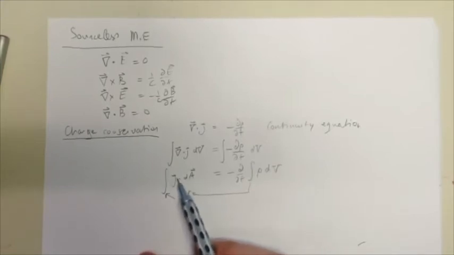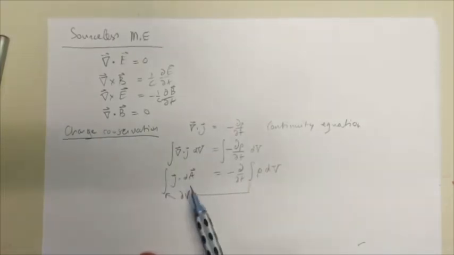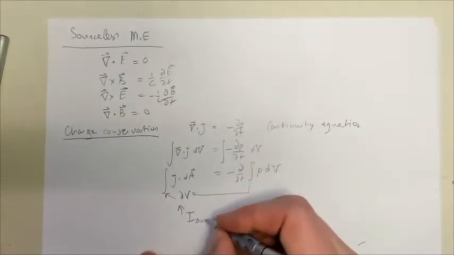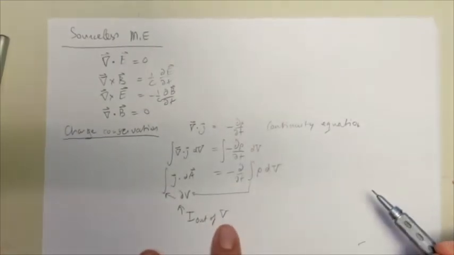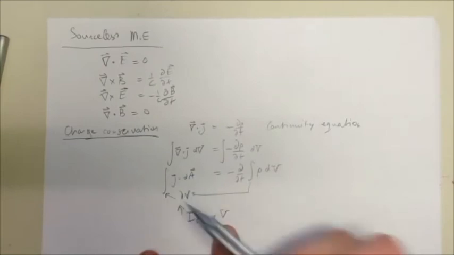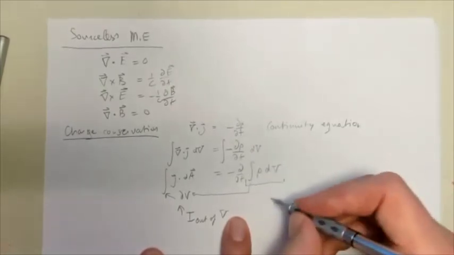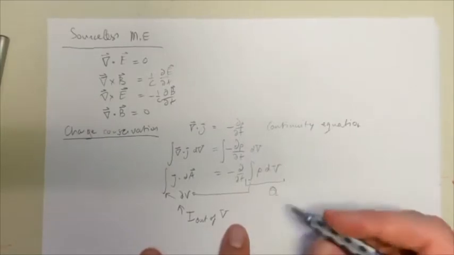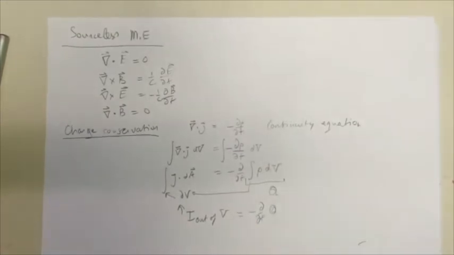In other words, this is the current flowing out of this volume V through the surface A. So this is I out of that volume V, the total current flowing out of V, and rho dV is the total charge enclosed in V. So I flowing out of V happens to be minus d/dt of the Q that's in V, which makes a lot of sense, right?